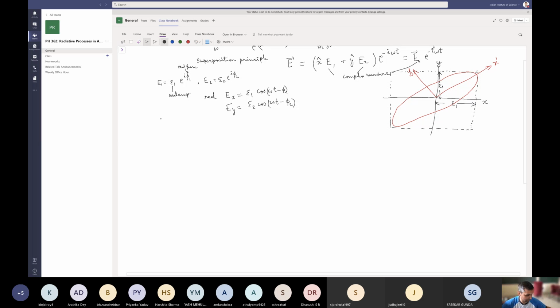So let me write down the answer first and then tell you how I got it. Ex by epsilon 1 is equal to cos omega t minus phi 2 times cos phi 1 minus phi 2, plus sine omega t minus phi 2 times sine phi 1 minus phi 2.